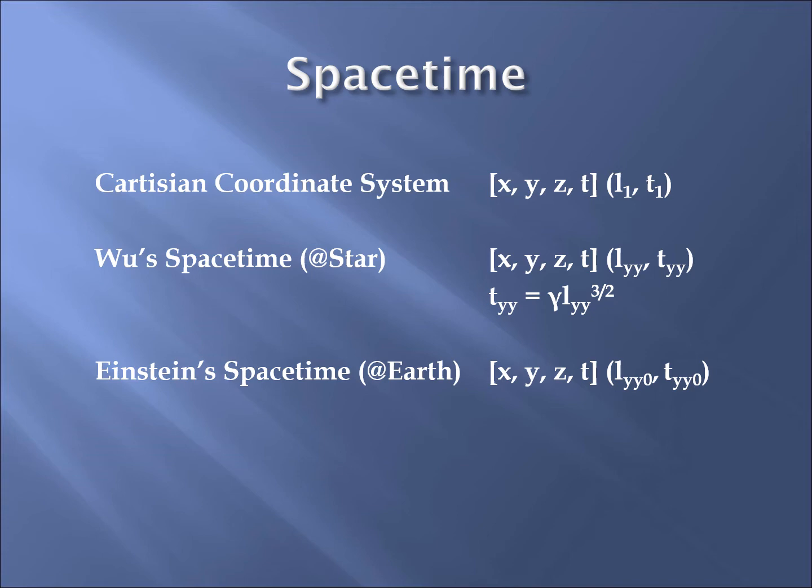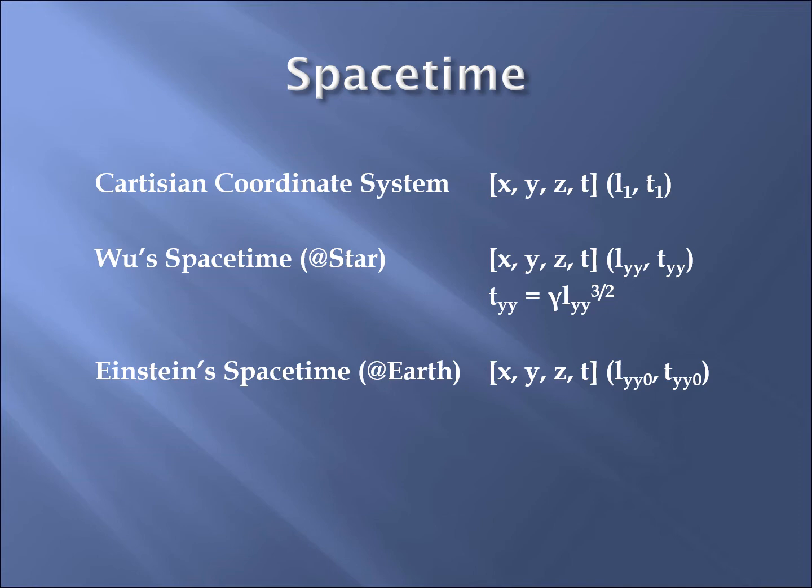Wood's spacetime is a special Cartesian coordinate system, XYZT, LYY, TYY. LYY is Wood's unit length, and TYY is Wood's unit time at the reference point. LYY and TYY are dependent on each other by Wood's spacetime theory: TYY equals gamma LYY^(3/2).